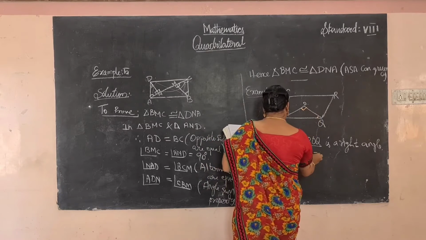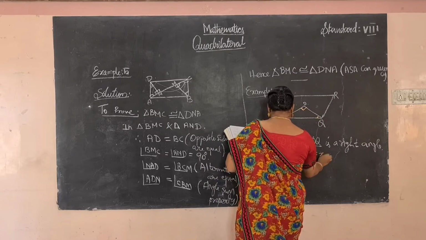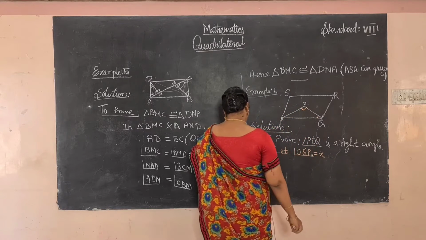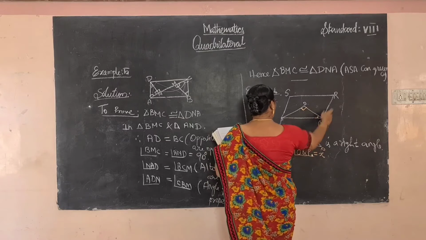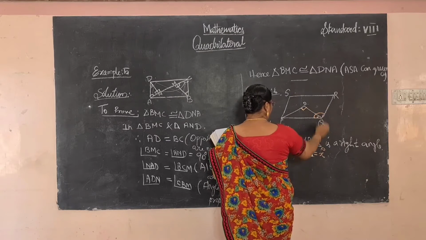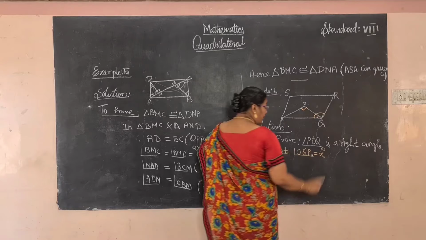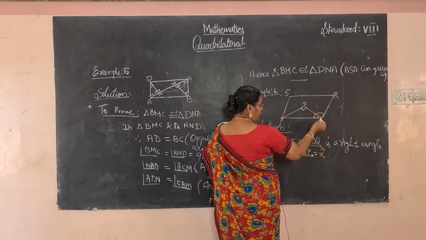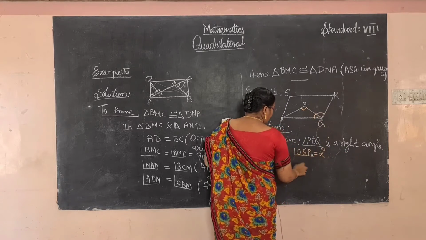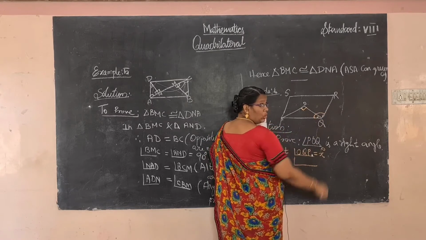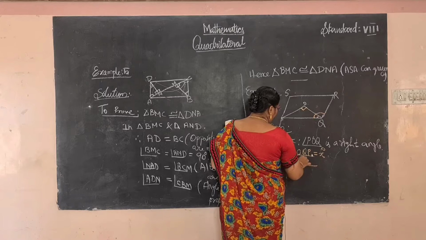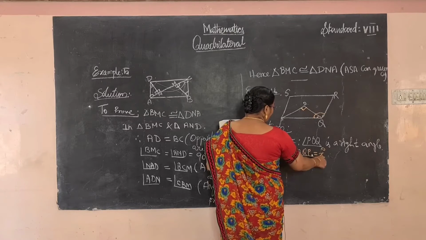We take it as x degrees. And next, the whole angle PQR. You know that it is double the half, is it? So if this angle is x, the whole will be 2x. We have considered 2x.